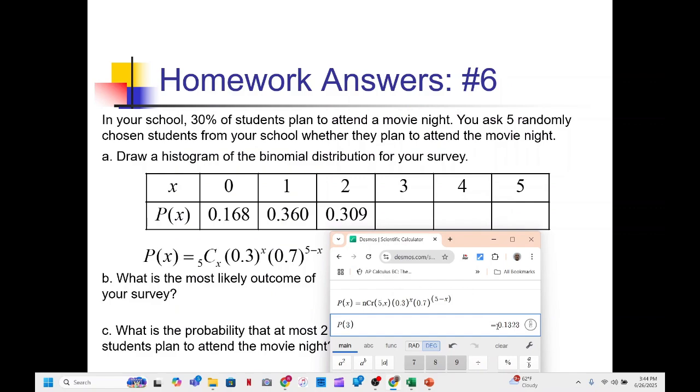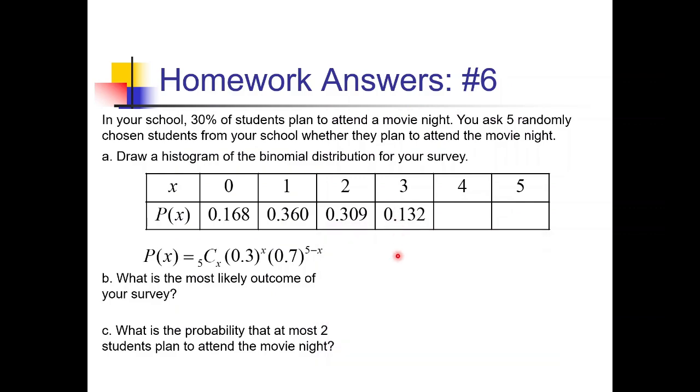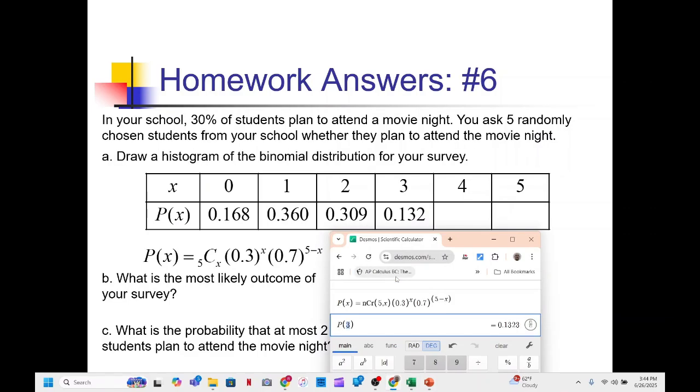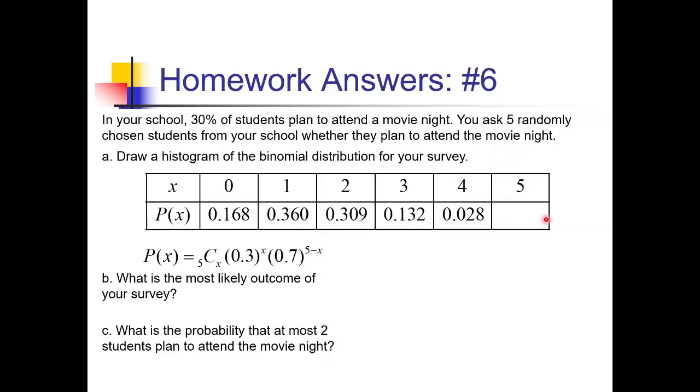That gives us 0.132. Now we do 4. That's going to be 0.028. And finally, plugging 5 into there. All 5 students saying yes. There is a 0.002 chance that that happens. So not very likely.